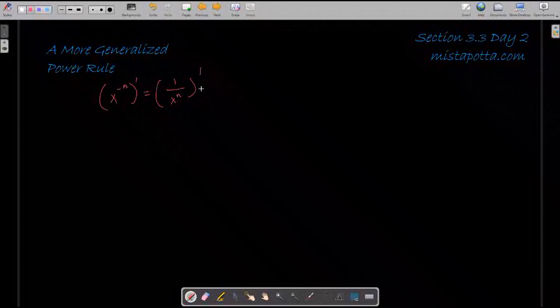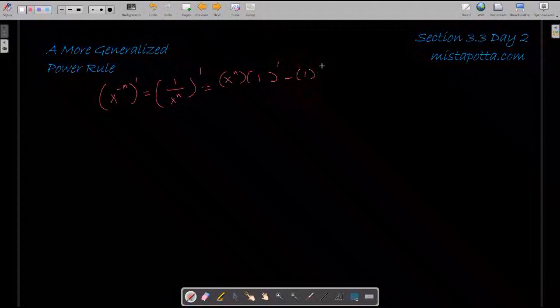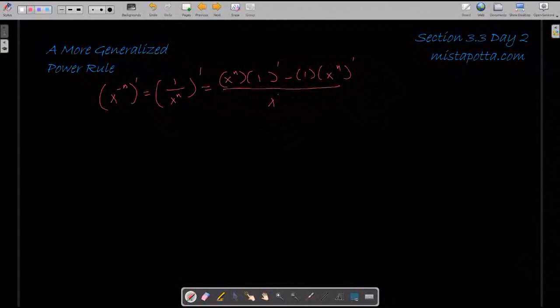And according to our quotient rule, it's the denominator times the derivative of the numerator minus the numerator times the derivative of the denominator over my denominator squared.